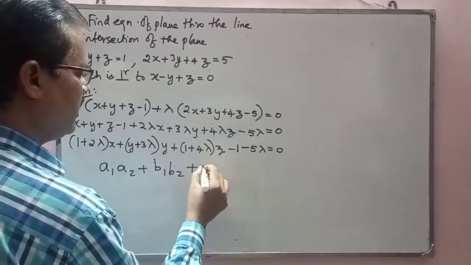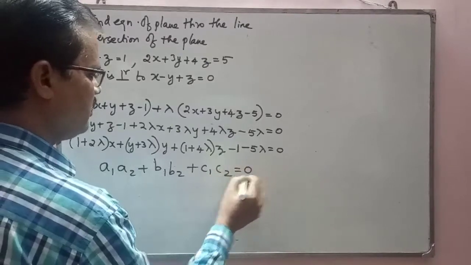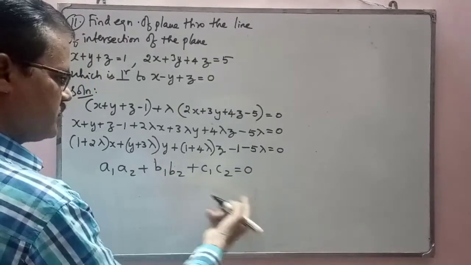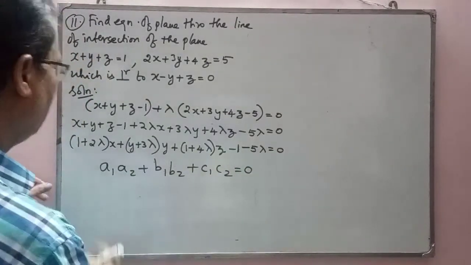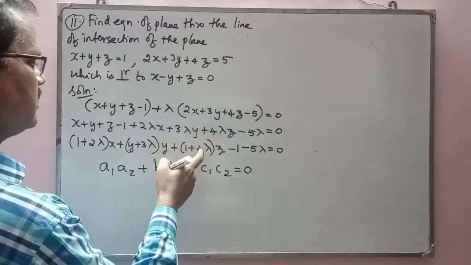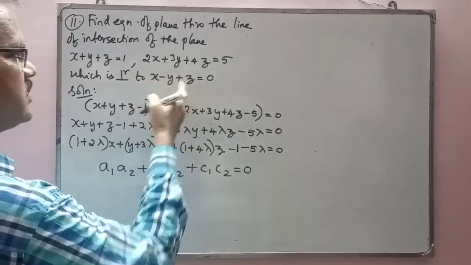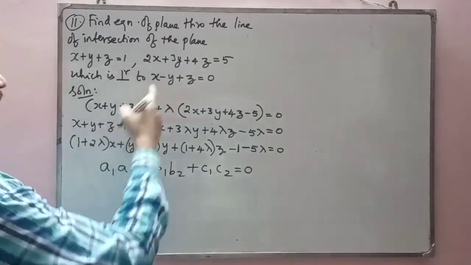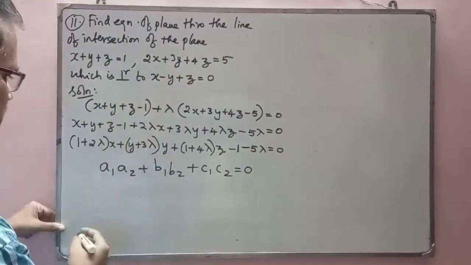When the planes are perpendicular, the product of the direction ratios will be equal to 0. Now this is A1 B1 C1, this is A2 B2 C2. We need to multiply these two. Okay, the direction ratios I am going to multiply.